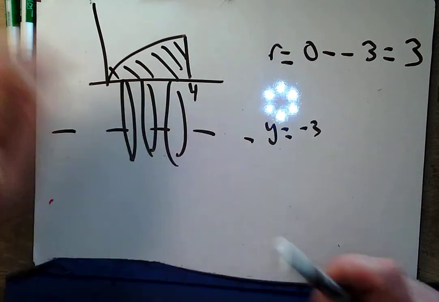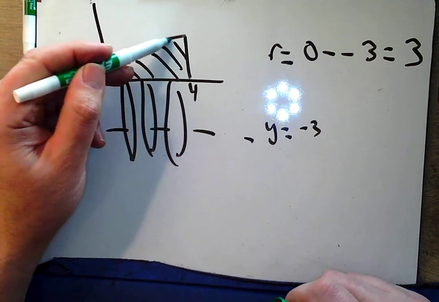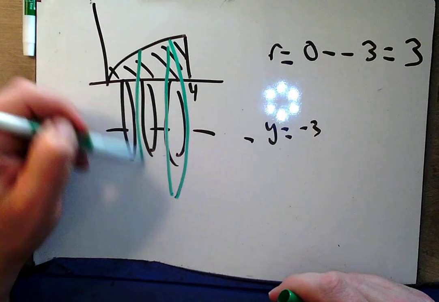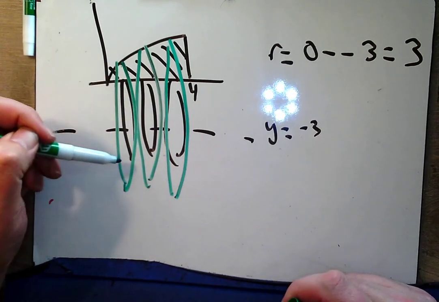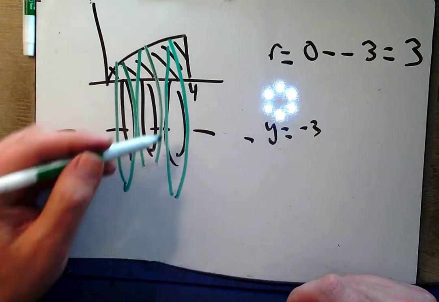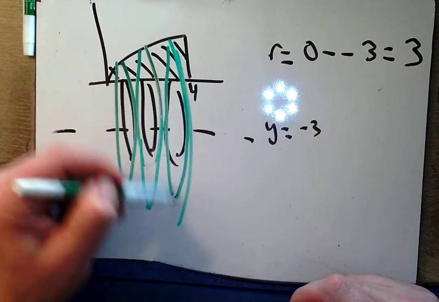But my outer radius is constantly changing. My big R is not always the same, even though I've kind of drawn it so it looks the same.